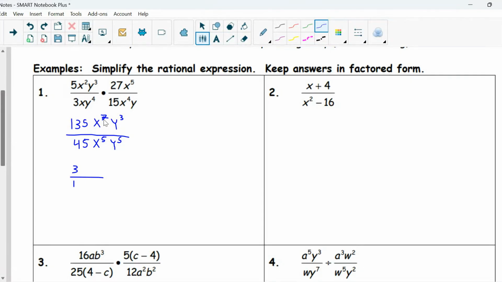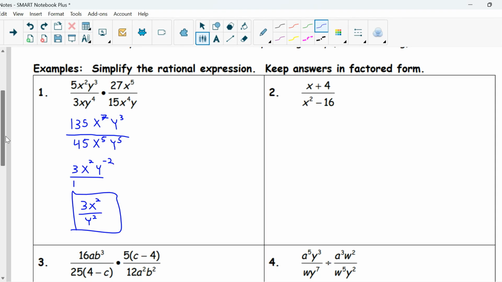So we've got 7 minus 5, which is going to give me x to the 2nd power. And then I've got 3 minus 5, which is going to give me y to the negative 2nd power. Now, the final thing I need to do is take the reciprocal of my negative exponent. So that's going to give me 3x squared over y squared, taking the reciprocal to make the exponent positive.